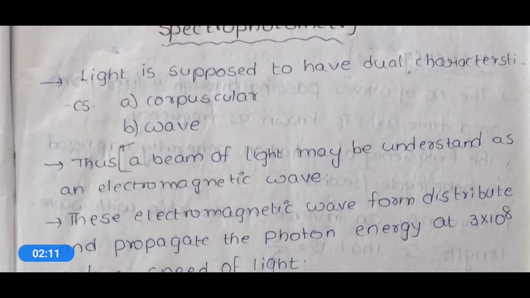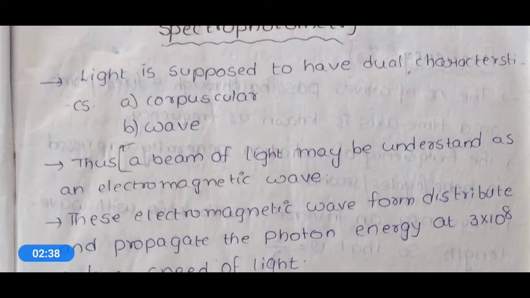Here the wave character of light is very important, because of that wave character only we are able to see the light, and light travels in the form of waves. That light helps us in many different kinds of applications.